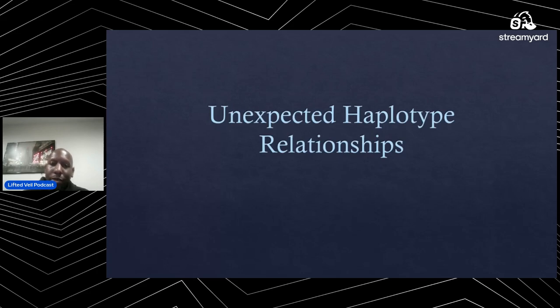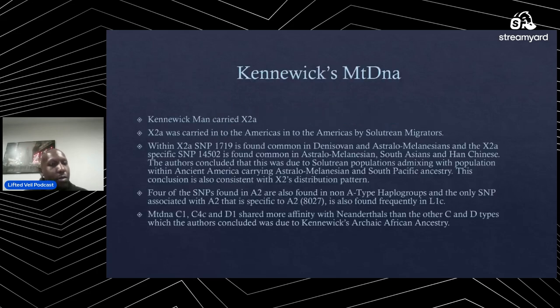Unexpected haplotype relationships. This is important as well. Kennewick's mtDNA: Kennewick Man carried X2A. X2A was carried into the Americas by the Solutrean migrators. At least that's what they concluded.